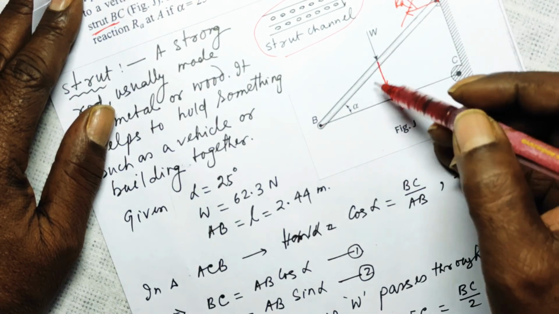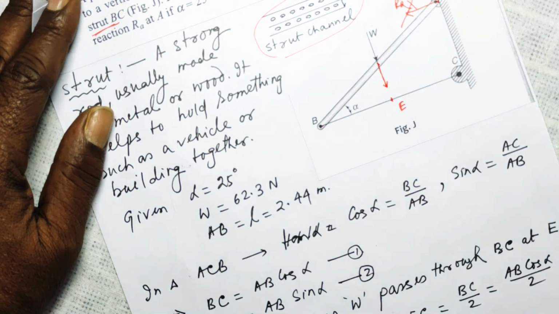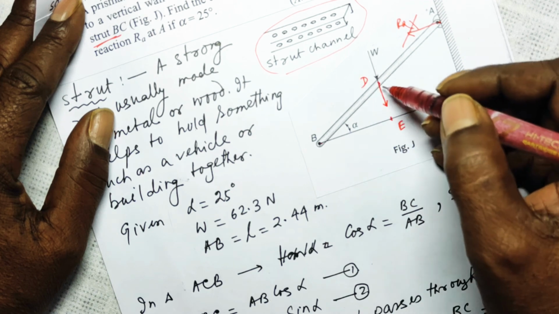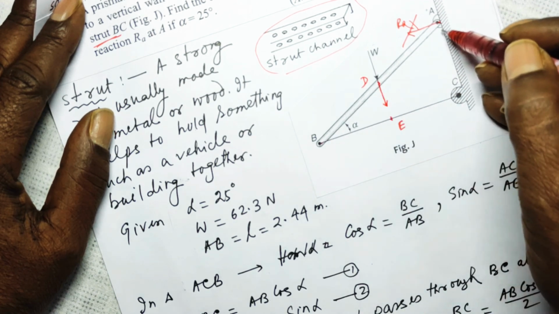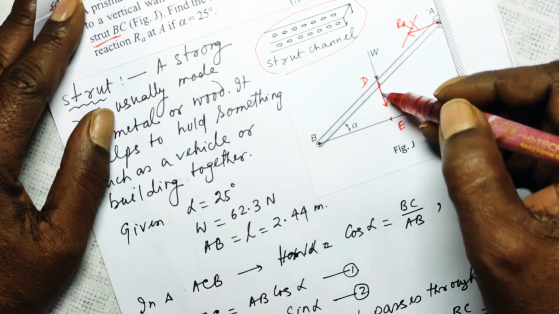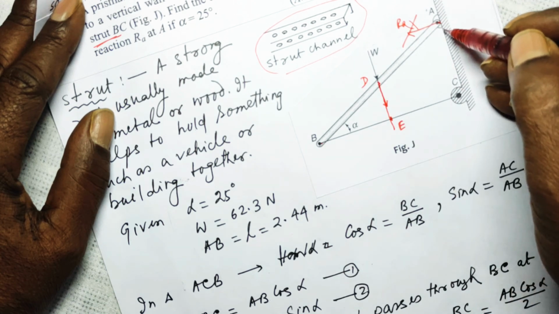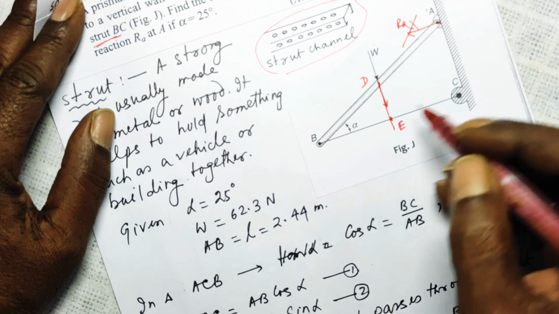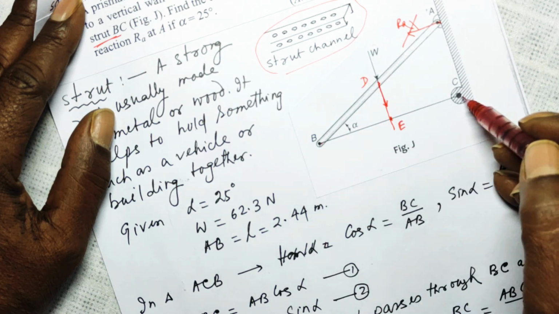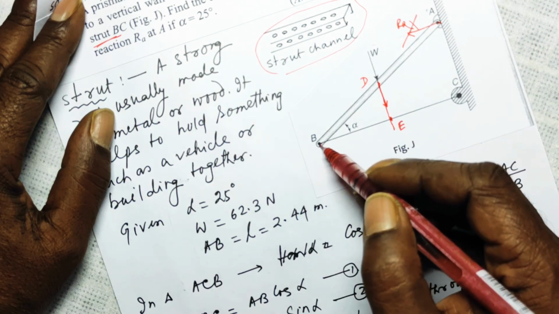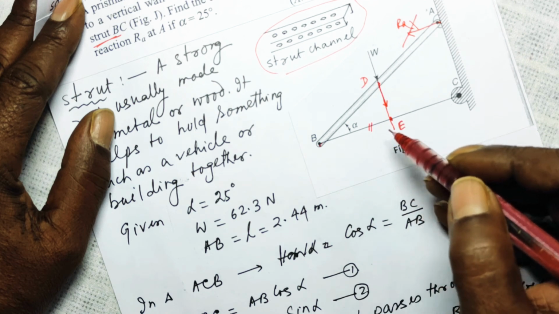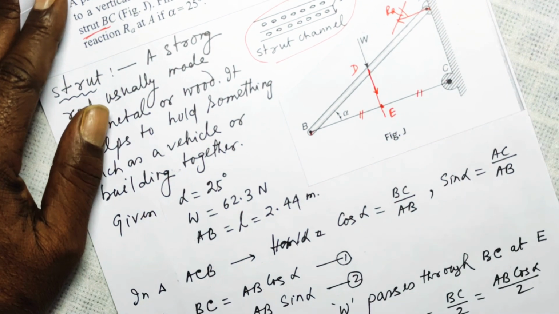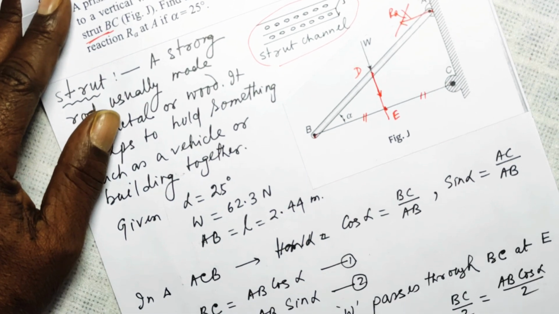This point is the midpoint. Let me call it D. From the midpoint of this triangle, this line is parallel to this side. So the side BC will be equally divided, meaning the length from B to E will be equal to the length from E to C. That is from your school geometry.